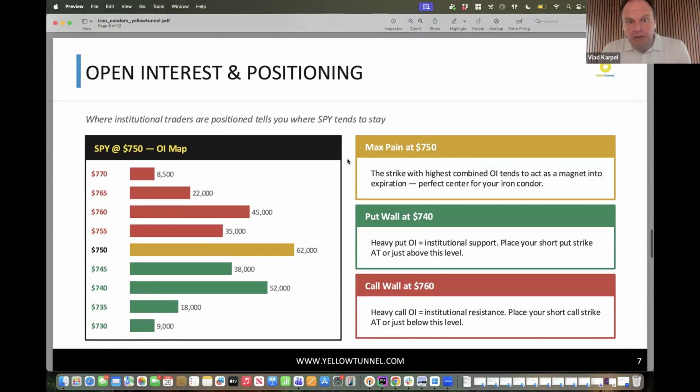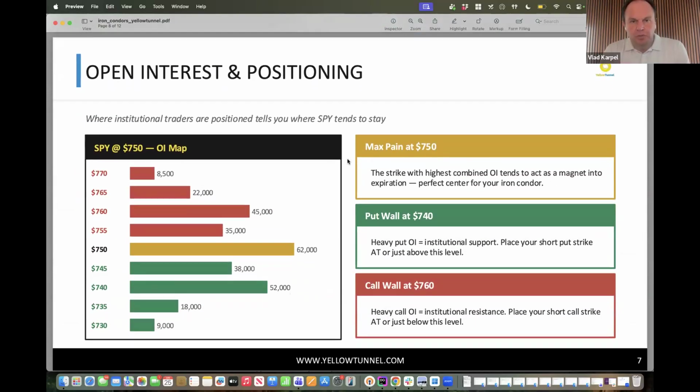On iron condor, because you have 4 legs, open interest and positioning is extremely important, right? So this is a chart of where, usually, the highest open interest and the volume is at the strike the market is trading. So if it's trading at 750, this is where you have highest open interest.